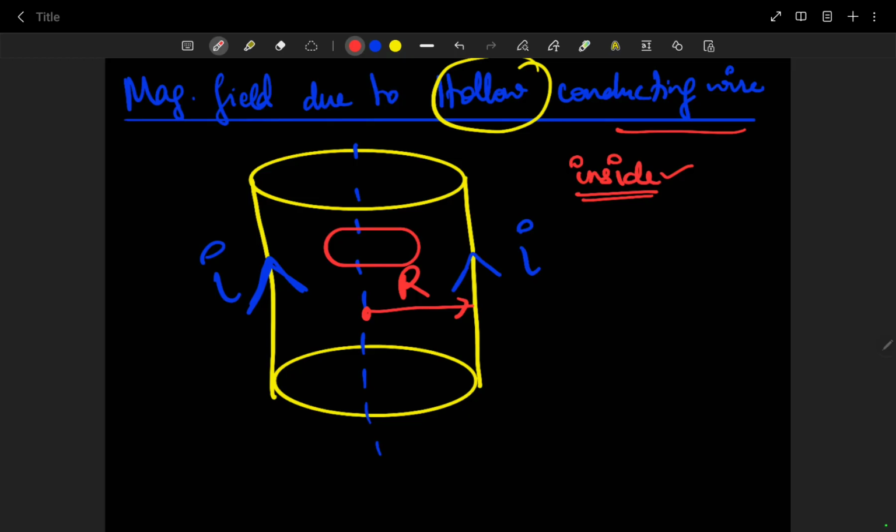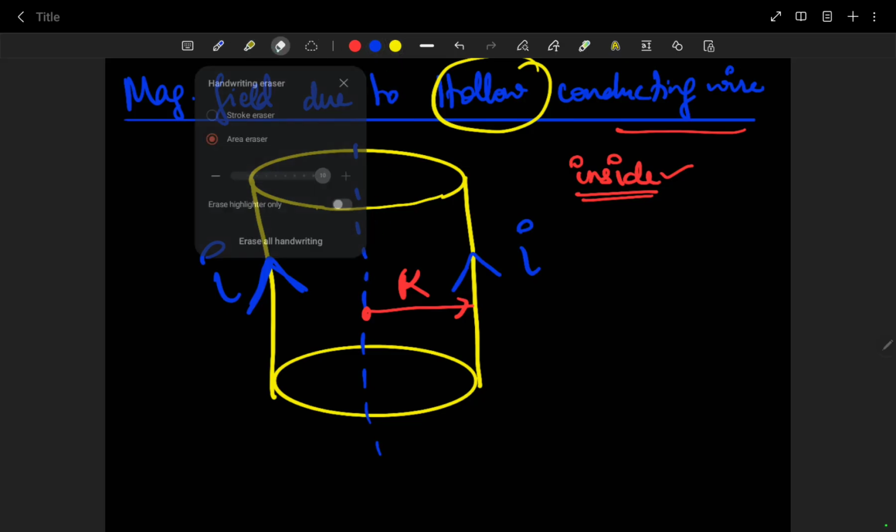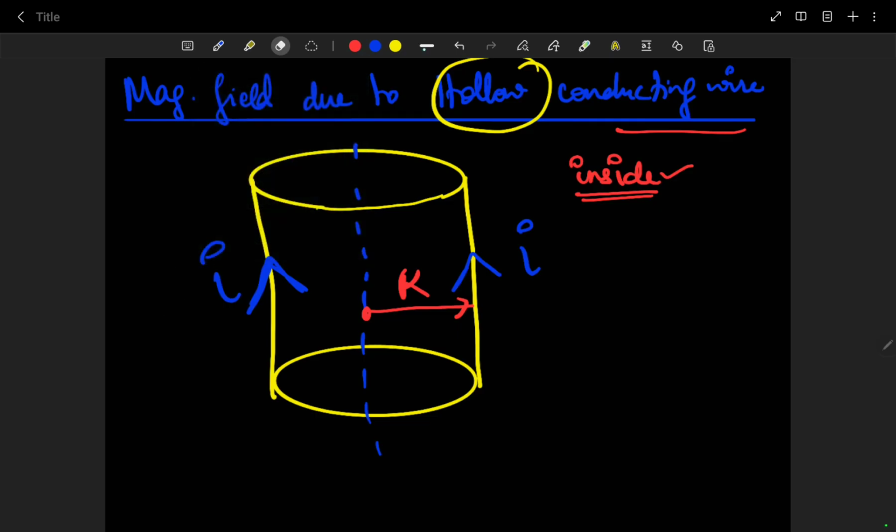So when I'm considering this loop, at that point of time this is inside, right? Let me consider its radius as small r, okay? So this case will be r less than R, is what I meant.